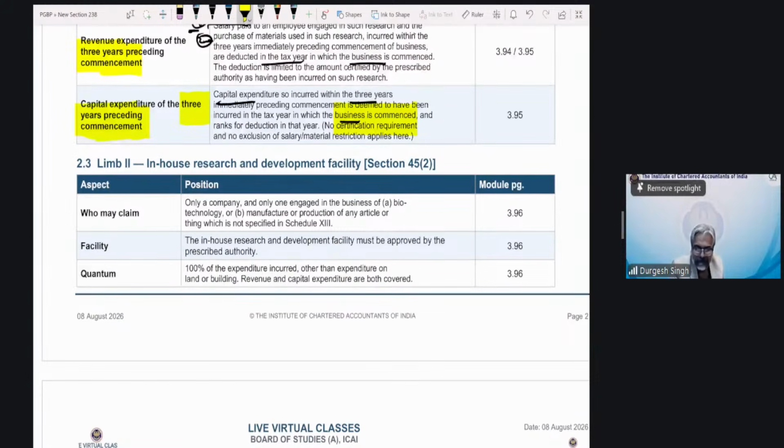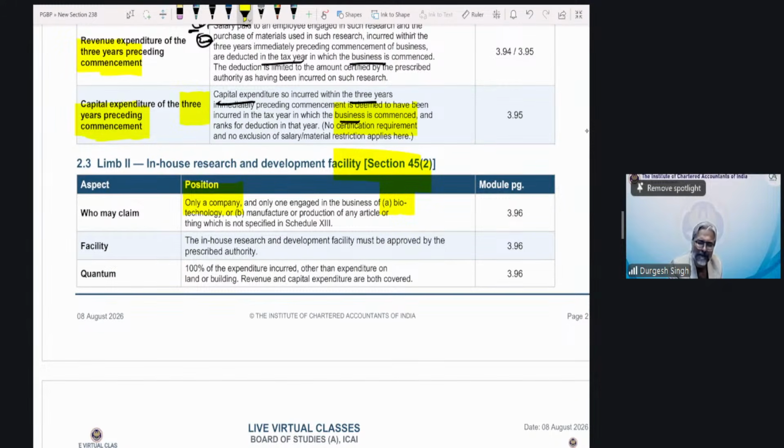First of all, this 45(2) is applicable only to a company, and only one engaged in the business of biotechnology, or manufacture or production of any article or thing which is not specified in Schedule 13.